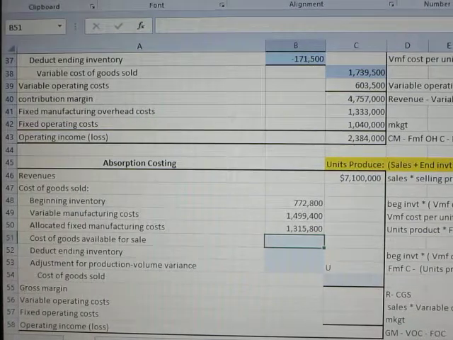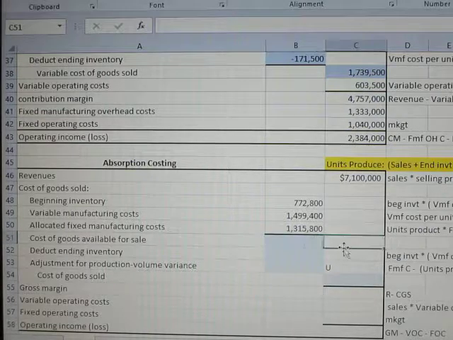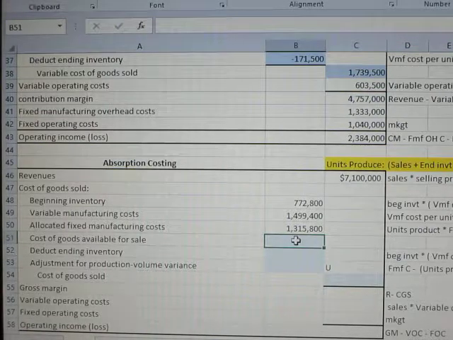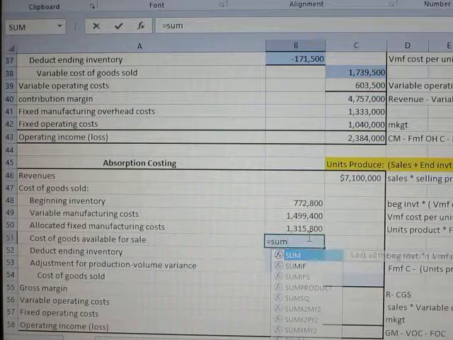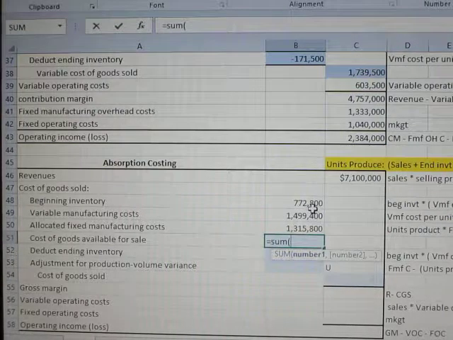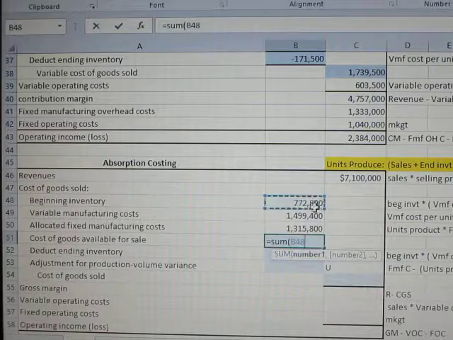Okay. And then the cost of goods sold, again, you add them up. So equal the sum: beginning, variable manufacturer costs and allocated fixed manufacturer costs.